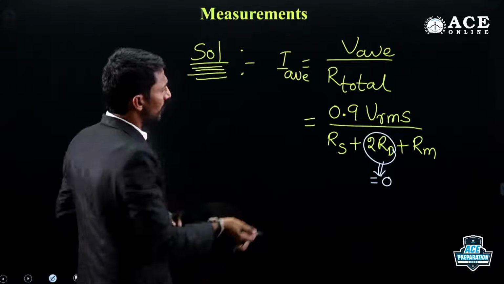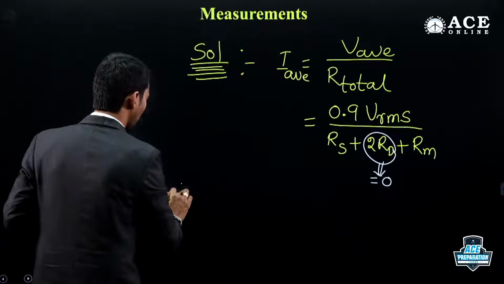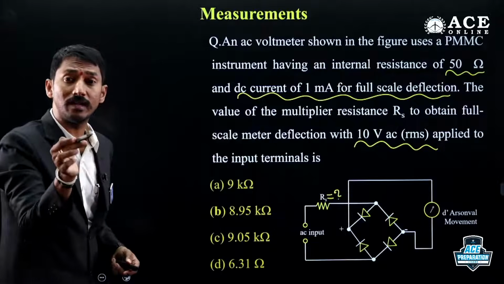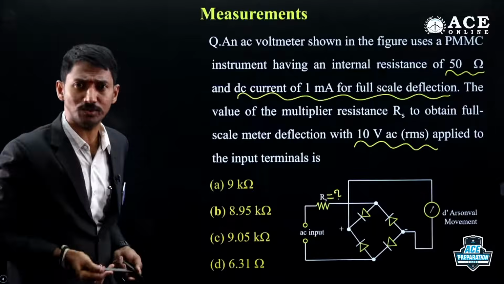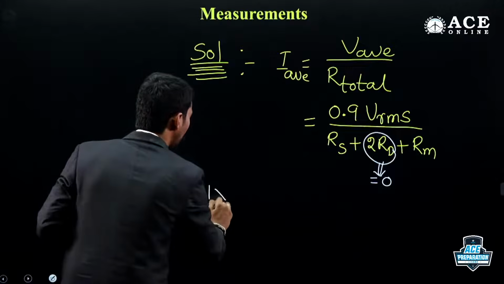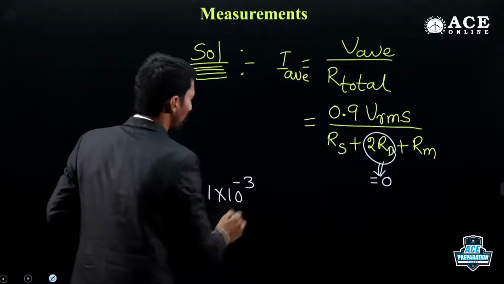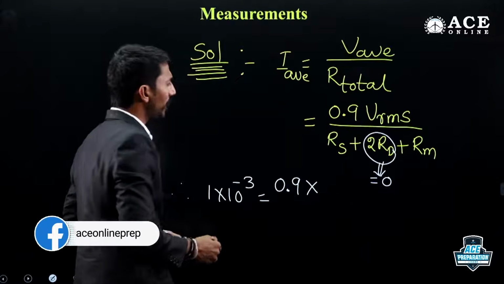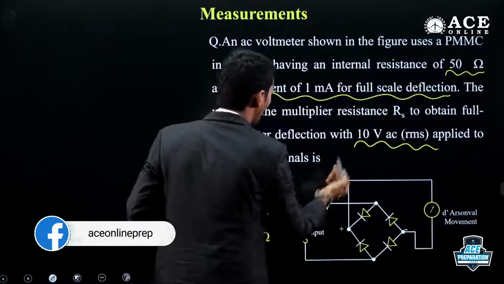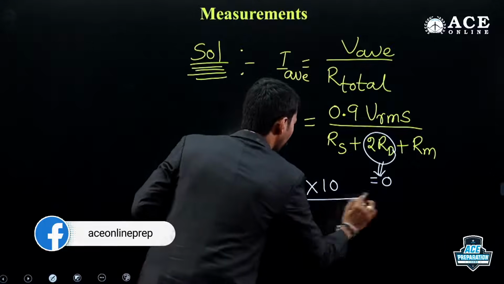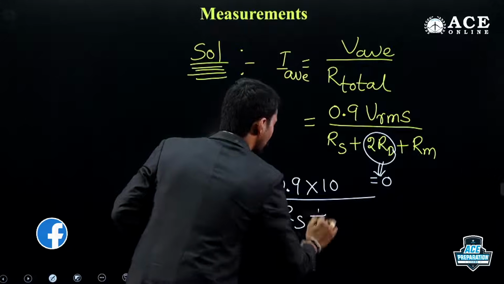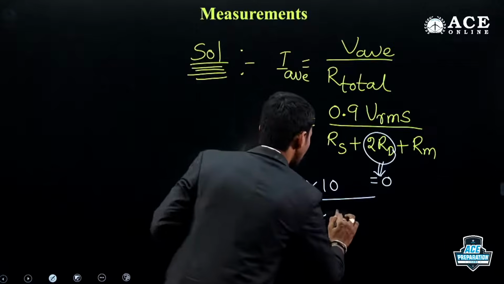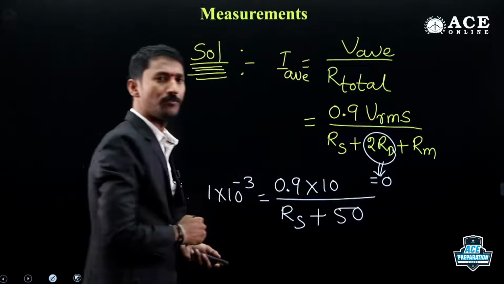Now, all other values are there except RS. So what is I average? 1 milliampere, because the full scale current related to PMMC is average only. So 1 into 10 power minus 3 is equal to 0.9 into VRMS, which is 10 volt, divided by RS plus the meter resistance, which he has given as 50.